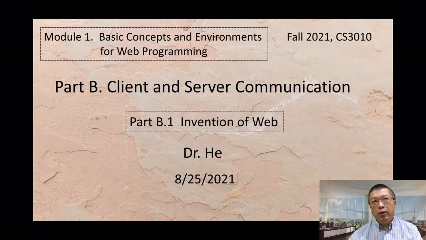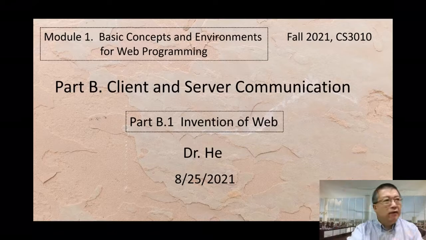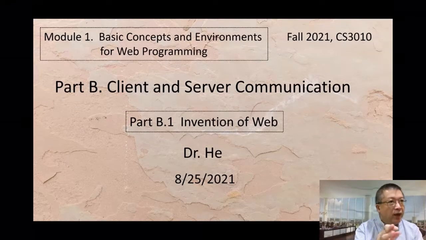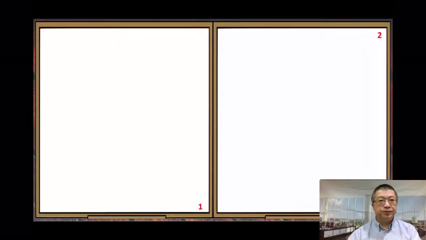So we continue that story. But when we look at the web invention story, at the same time, we understand the relationship between client and server. All right, so let's start.